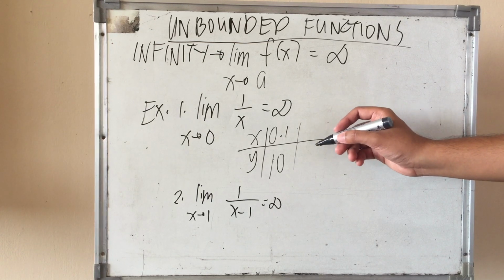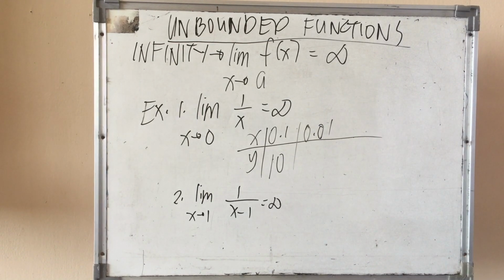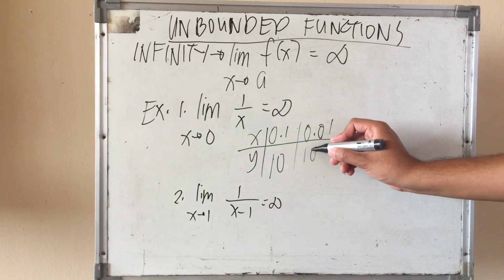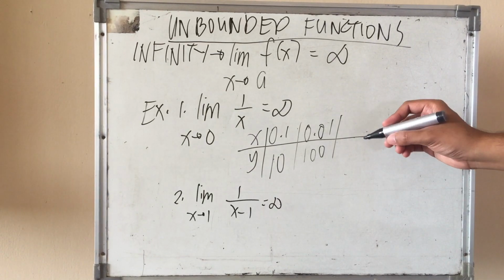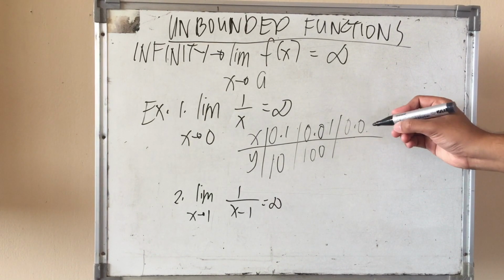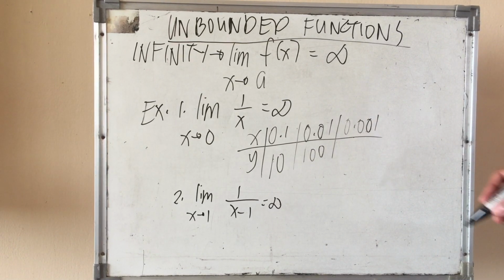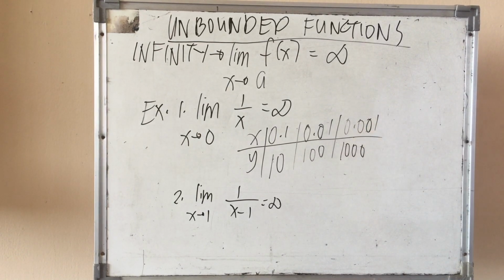If we set again our x as 0.01, the value of y is 100. If we set x as 0.001, our y will be 1,000.